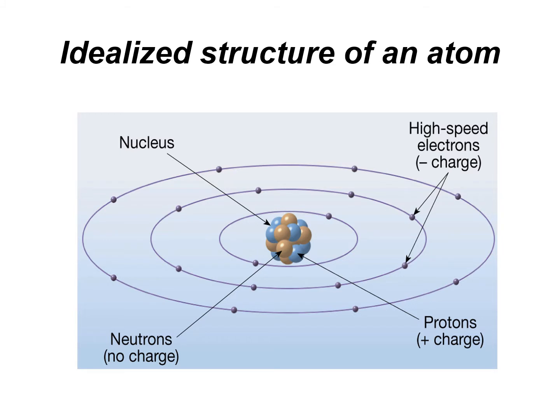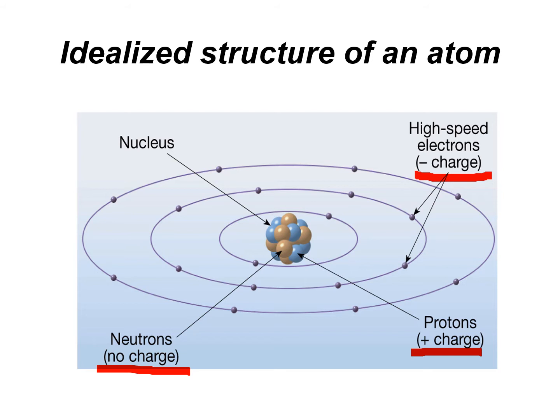Now, looking at an atom again, here in the center we have the nucleus. Again, it's made up of protons that have a positive charge, and then the neutrons that have no charge. Now, with the protons having a positive charge, circling around the nucleus you have the electrons that have a negative charge.